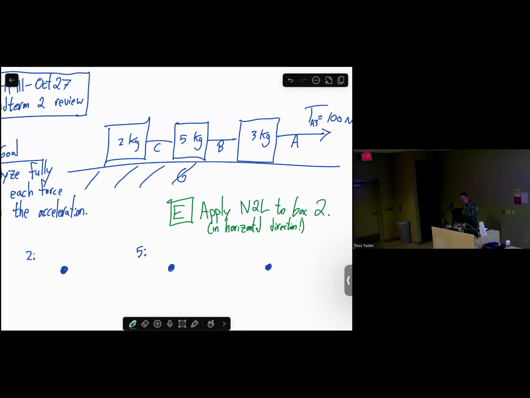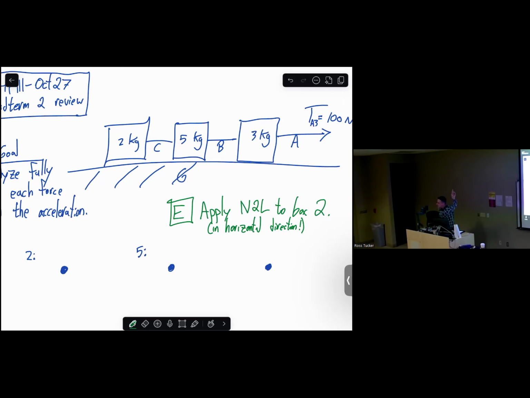And one more time. What's Newton's second law? F equals, am I asking you just to say F? No, I'm asking for you to plug into the appropriate equation, F equals ma. Not just say the left side.